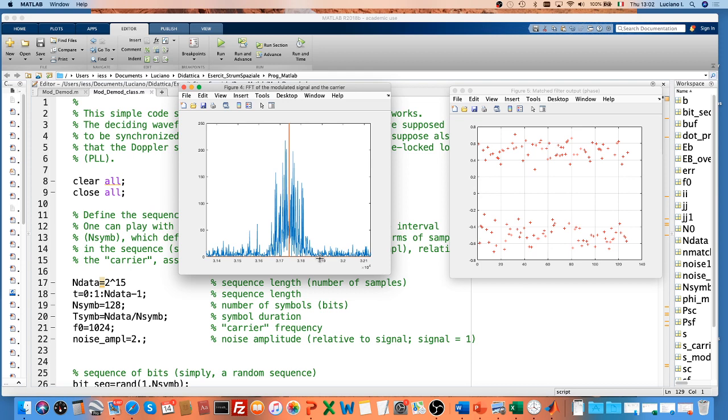Okay, so I magnified the region of the spectrum near the carrier. The carrier is the red line, and the resulting spectrum, however, shows a bunch of lines nearby. Okay, so we will stop here, and if you have questions on what we saw, please go ahead.